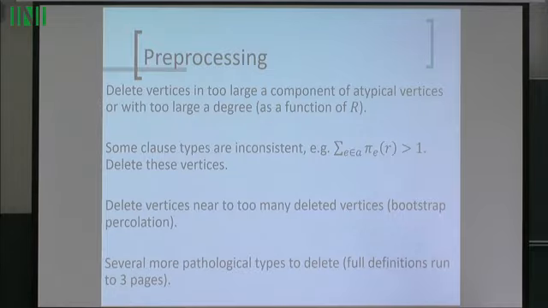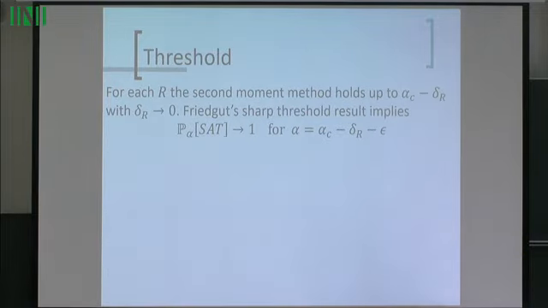So that's crucial. For each value of r, the second moment method will hold up to some point that's slightly below the critical threshold, and we show that as the radii that we look at grow, the difference tends to 0.